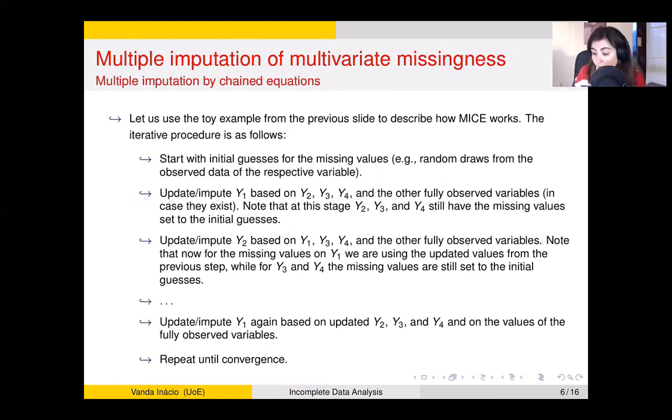Then I go to y2, and I will use y1, but for y1, I'm not using the initial guess because I have already updated y1 in the previous step. So in the regression model for y2, I'm using the most updated value from y1, and for y3 and y4, I'm using the initial guesses.